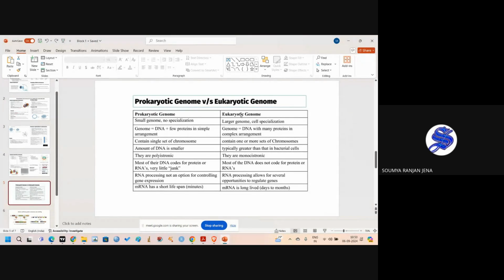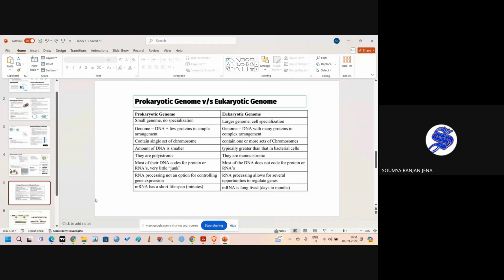Like the stem cells, hematopoietic stem cells, blood cells, muscle cells, liver cells. So these are cell specialization. But prokaryotes do not have such cells, so there is no cell specialization.